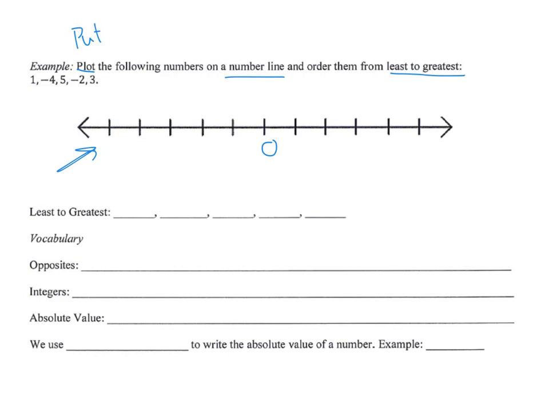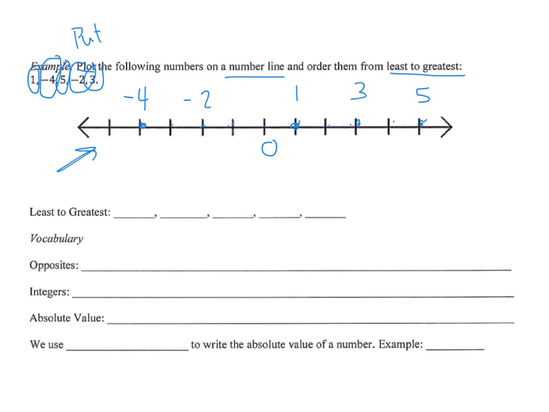Now 1 is positive, so it's going to go over here and make a dot, 1. -4 is negative, 1, 2, 3, 4. Make a dot, -4. 5 is positive, 1, 2, 3, 4, 5. Make a dot, 5. -2 is negative, so it goes on the left side. Make a dot. And 3 is positive, 1, 2, 3.